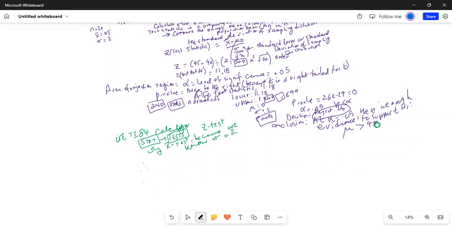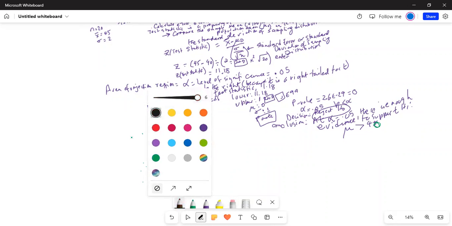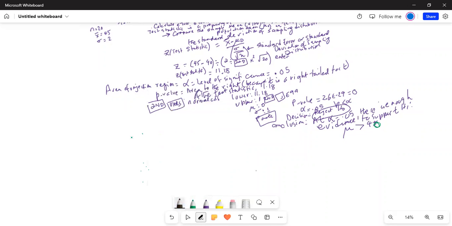Let me erase this and write it nicely, because I don't like the way it is. So I'll erase all of this and show you again. Maybe I will use the black pen. So now we will use the TI-84 to do the hypothesis test.